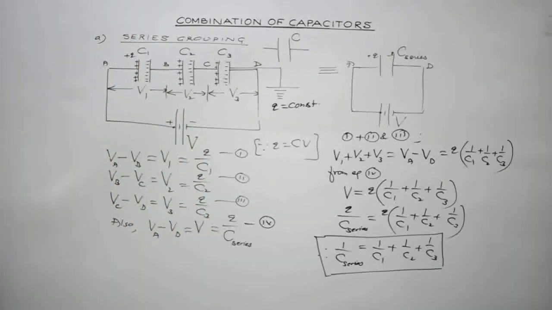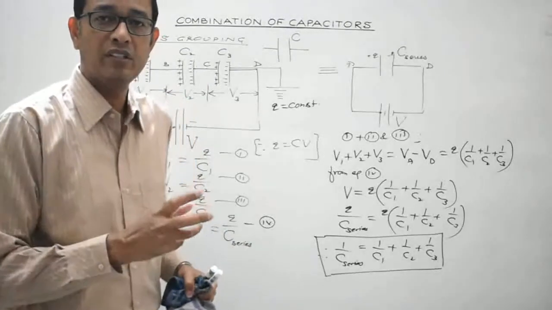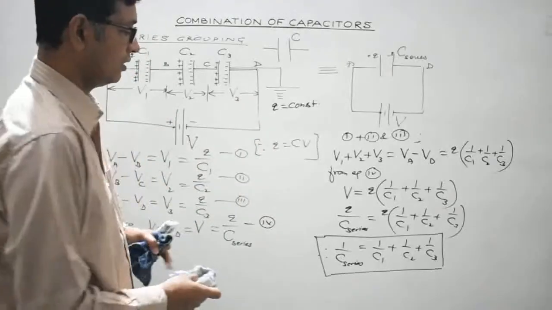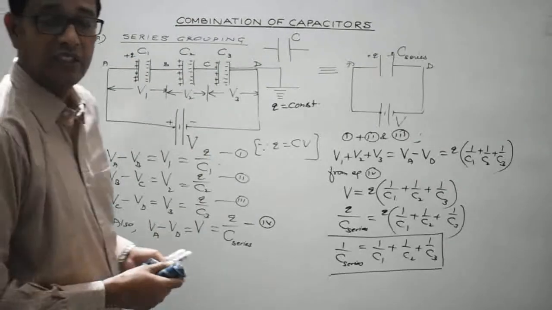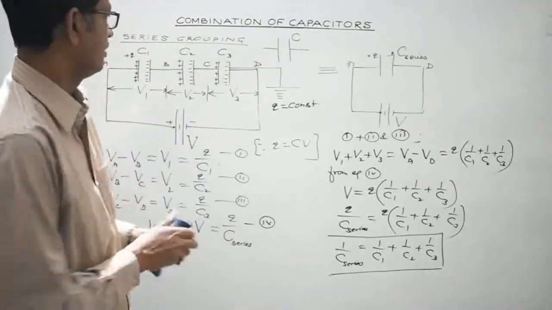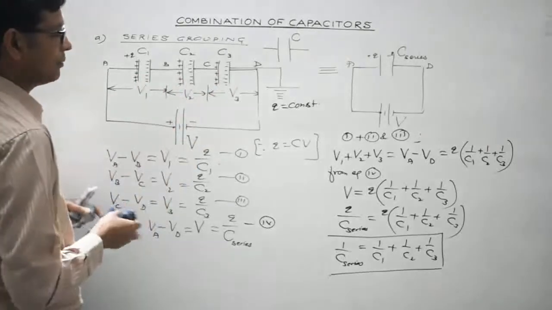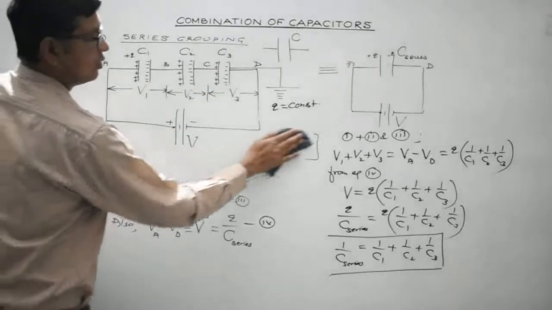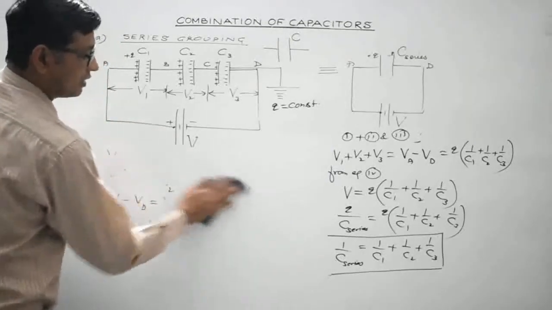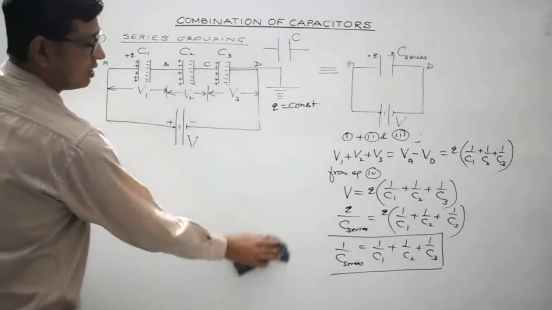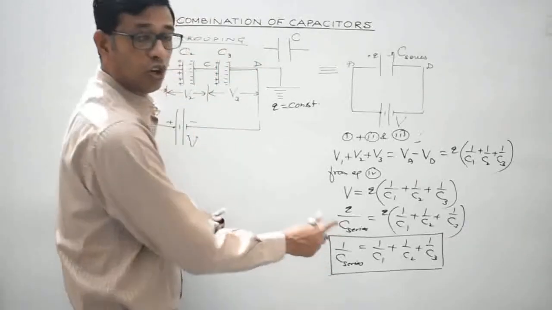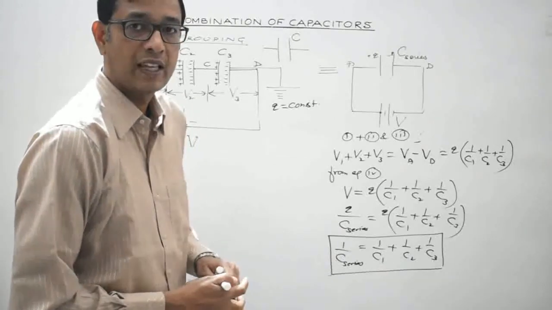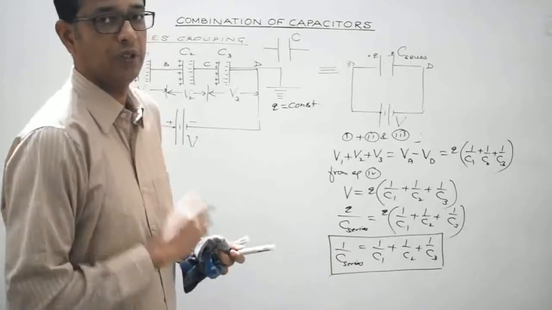Before we proceed with the next topic, we must understand certain important points involved in the series grouping of capacitors. First and foremost, what we have discussed is, in the series grouping, charge is constant. Charge across the plates of each of the capacitors must be constant. Let's conclude it. This statement is known as the law of combination of capacitors in the series grouping.